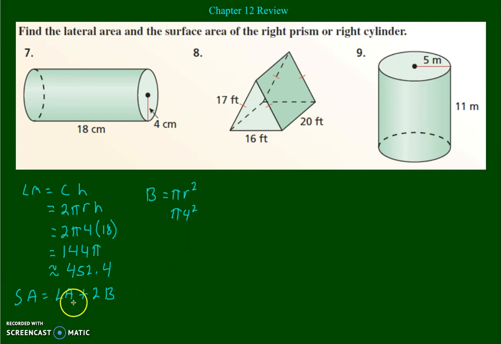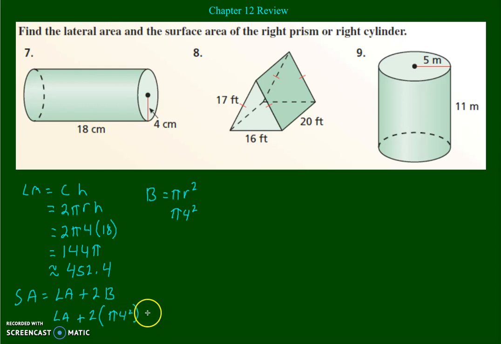And then we can put all that in down here. We have lateral area, and I'm going to use lateral area here because I'm assuming that you're storing this lateral area in your calculator so that you don't lose any precision, plus 2 times pi 4 squared.